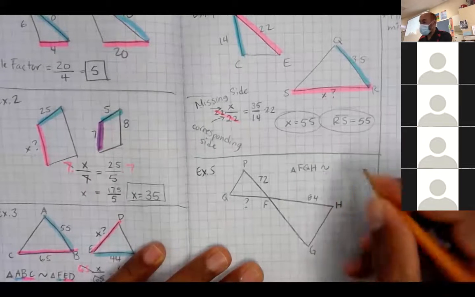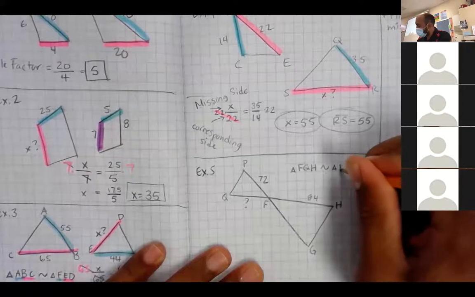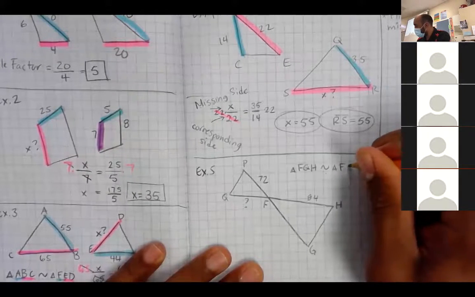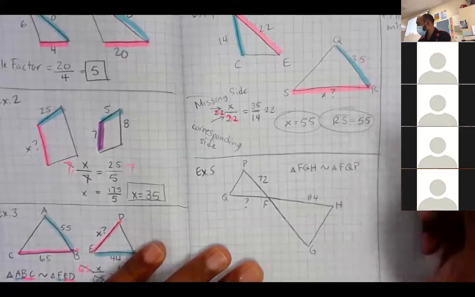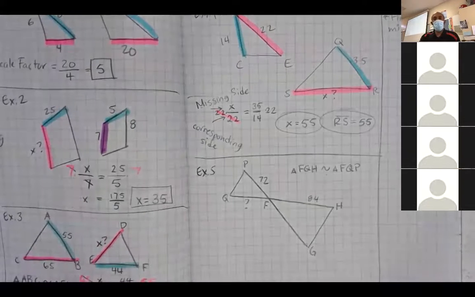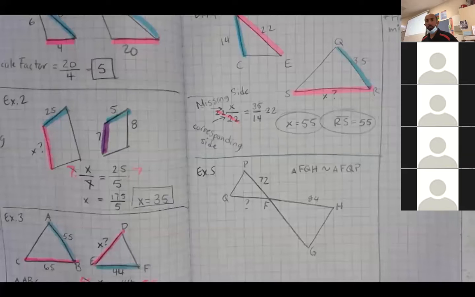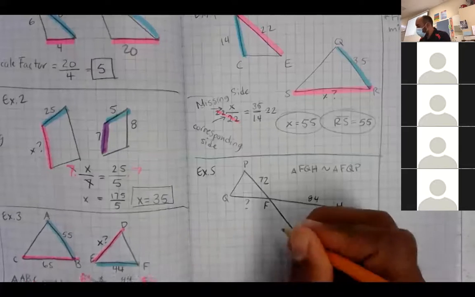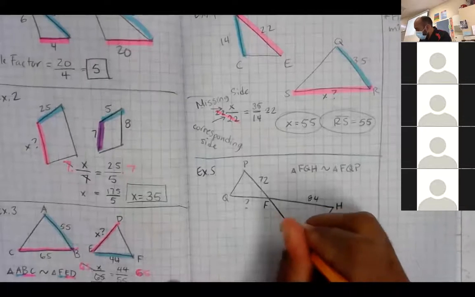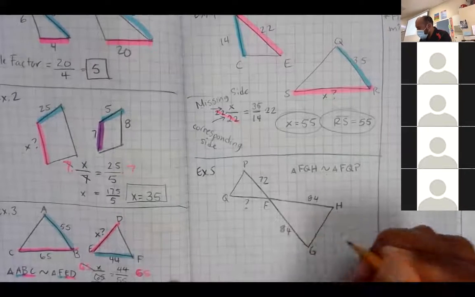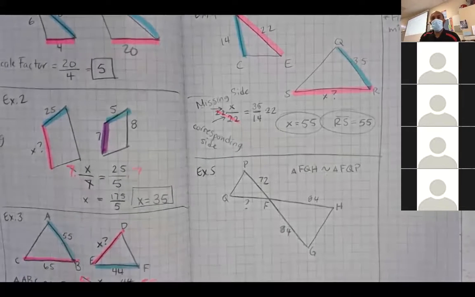Remember, that means similar, not congruent, to FQP. Okay. And pause. Actually, I got one more. This side is also 84. So make sure you get that in there as well.